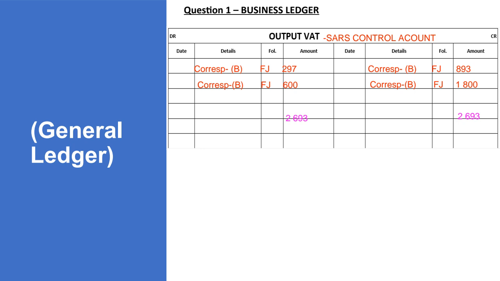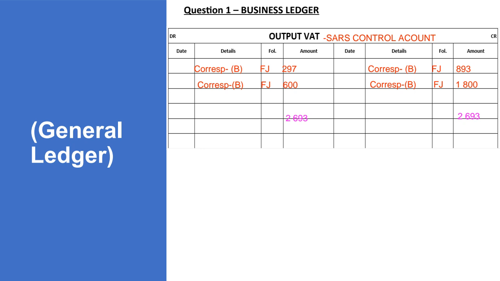Remember, this is just the total. Remember, the biggest side must appear on both sides. So for the difference, I'm going to take this total here and minus 600, minus 297.